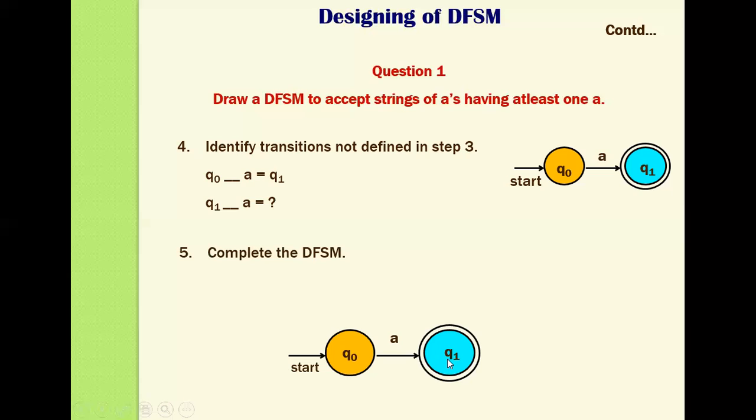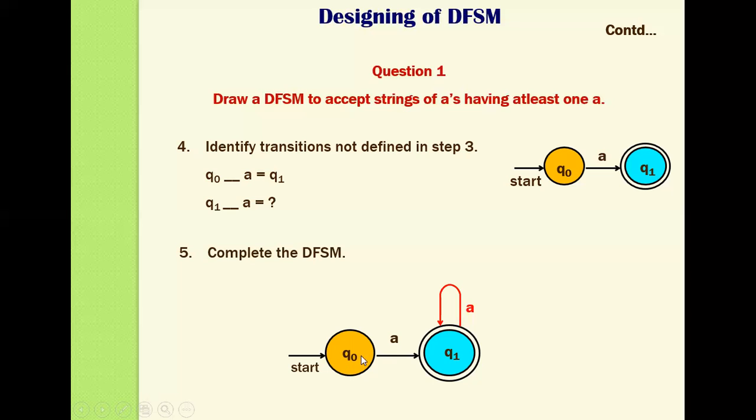Now, for this example, let us try putting a self loop. When I put a self loop like this upon A, self loop here means upon reading zero or more number of A's, I am reaching the same state Q1. So whether I read 1A or 10A's, anything, it is in the same state Q1.